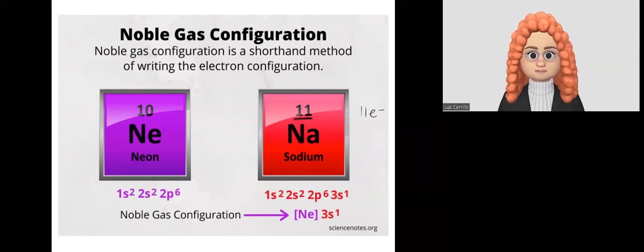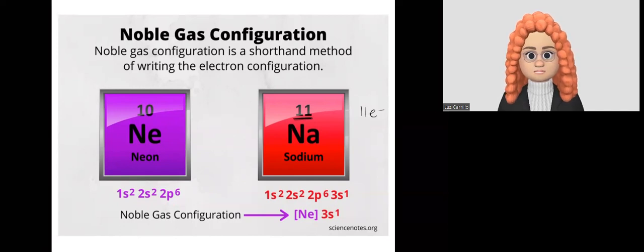Now, within the full electron configuration for sodium, we can actually observe that part of it can be shortened by just expressing that neon shares 1s2, 2s2, 2p6 as its electron configuration.